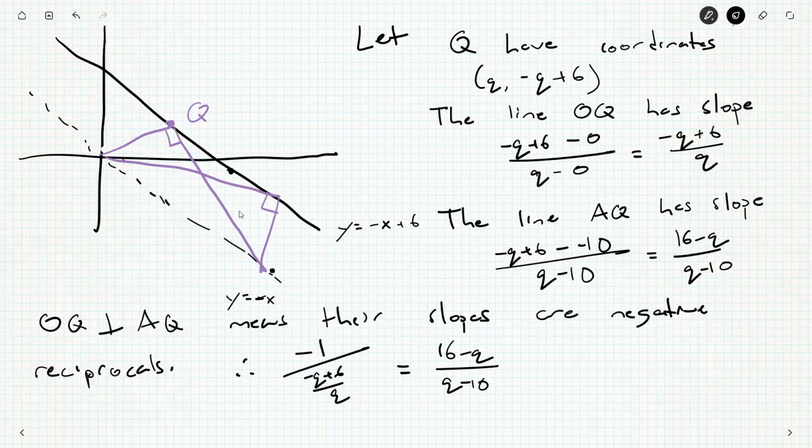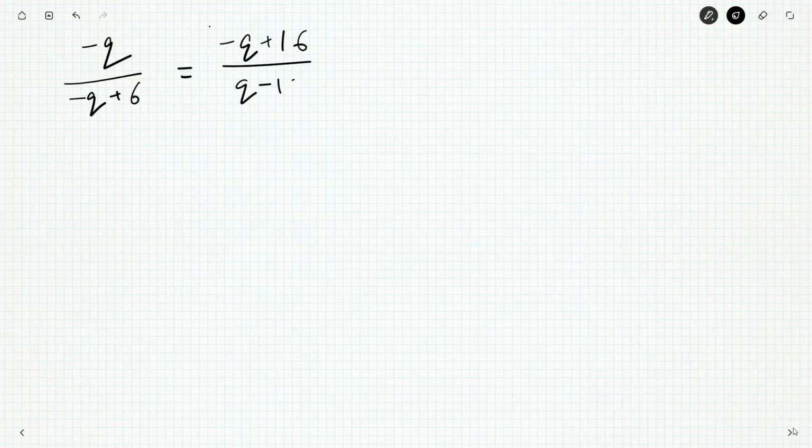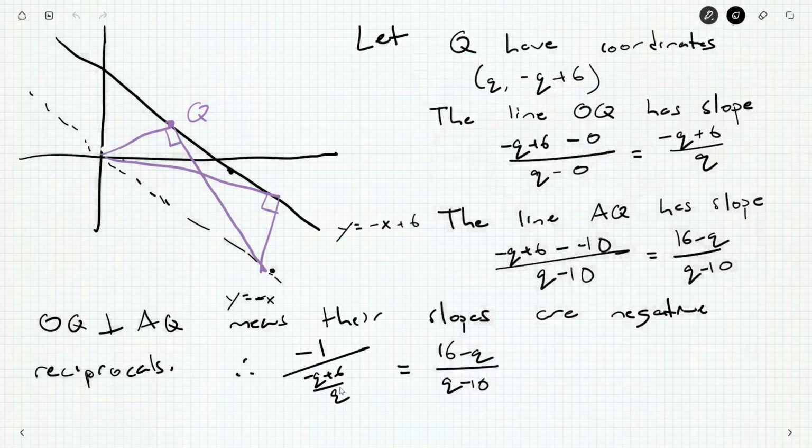I think if we rearrange this, we'll get a quadratic. So we'll flip over to the other side. Negative Q over negative Q. Don't forget this minus sign here because we were doing negative reciprocals. And that's negative Q plus 16 over Q minus 10. Let's make sure we copied that right. Yep.